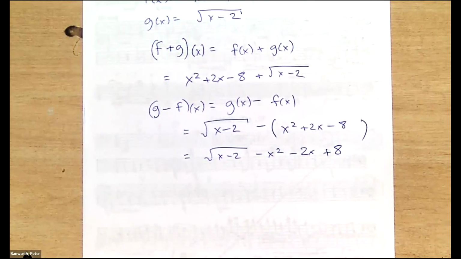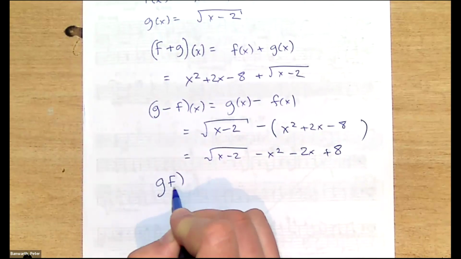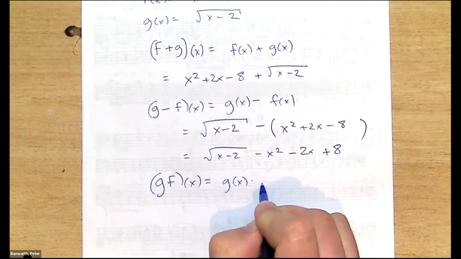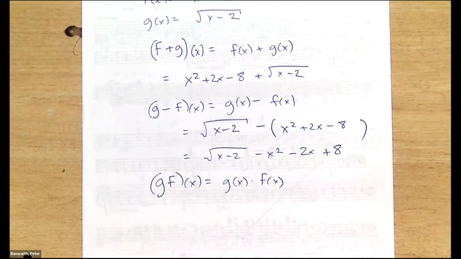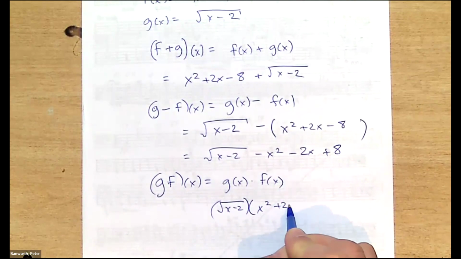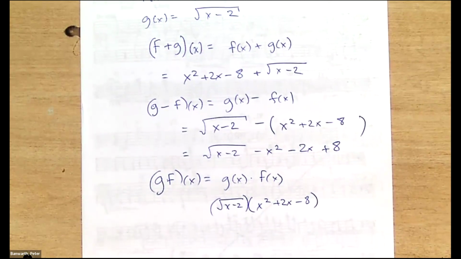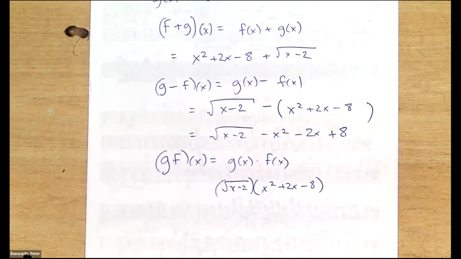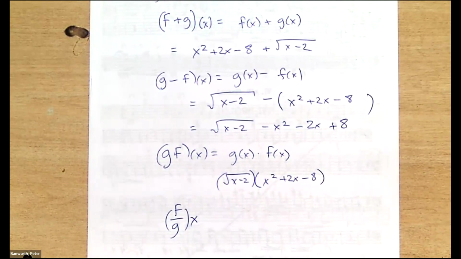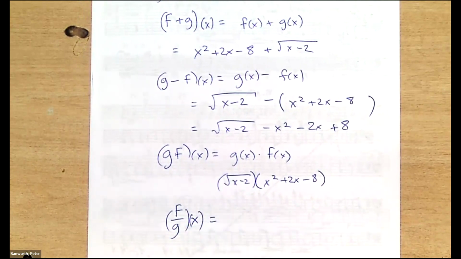We could do gf of x. Sometimes you'll see a dot there, sometimes you won't. That's take the outputs of g, multiply them by the outputs of f. So that's square root of x minus 2 times x squared plus 2x minus 8. And we can do f over g of x, parentheses all over the place.